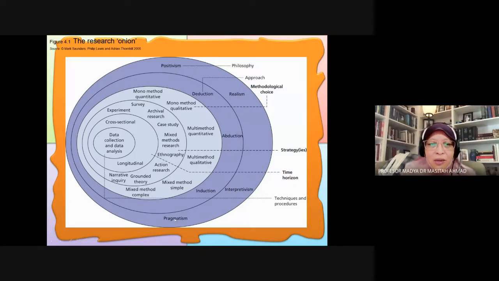If you do not really understand this philosophy, it will be a problem, especially as Dr. Mahir mentioned just now. Positivism, realism, interpretivism, and pragmatism fall under chapter 3.